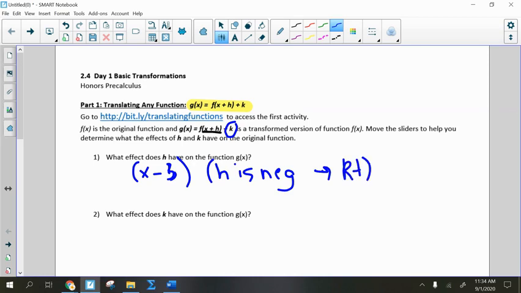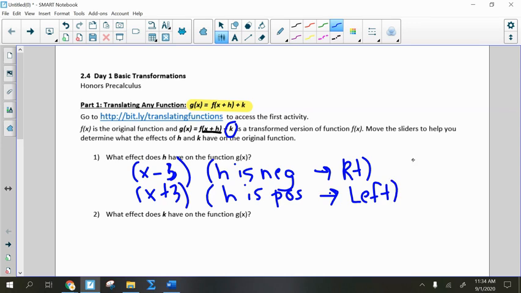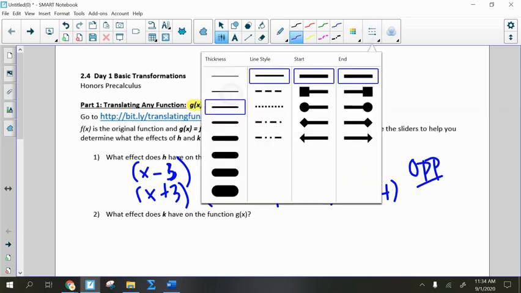And if H is positive, so something like x plus 3, then the graph moves to the left. So this kind of does the opposite of what you might think it would do, okay?